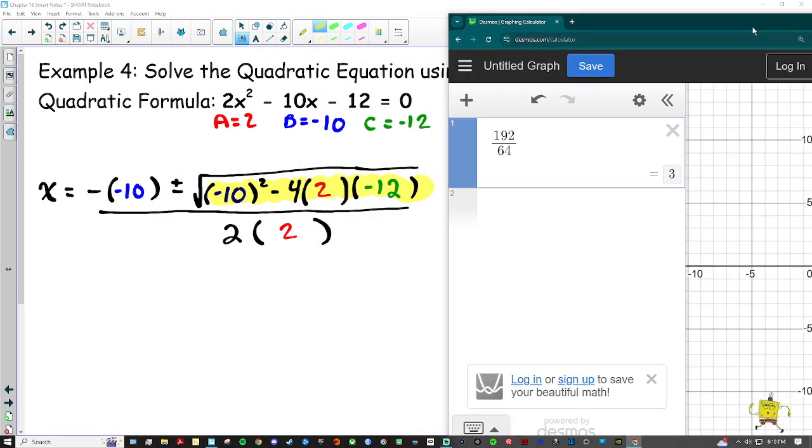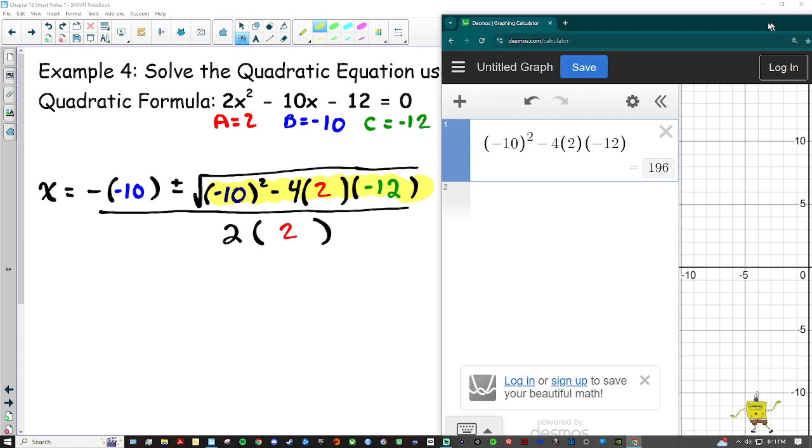Everything inside of my square root, I'm going to type in without the square root. -10 squared minus 4 times 2 times -12. After plugging all of that in, I get 196.